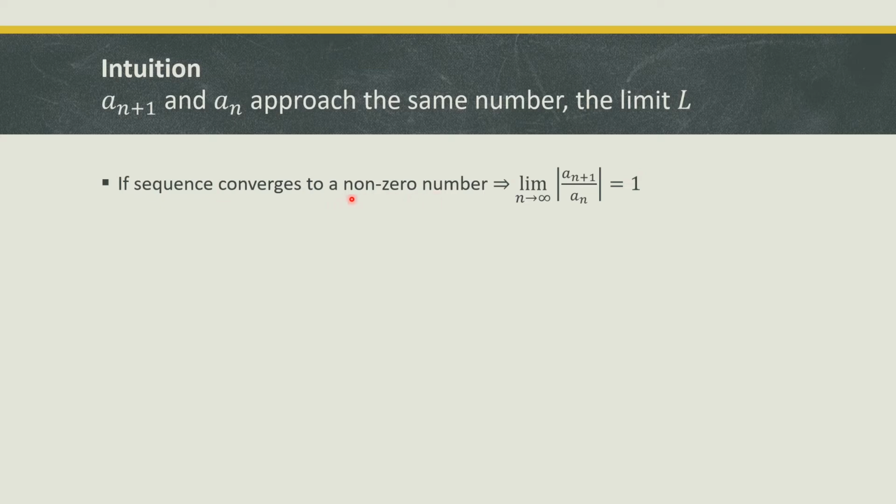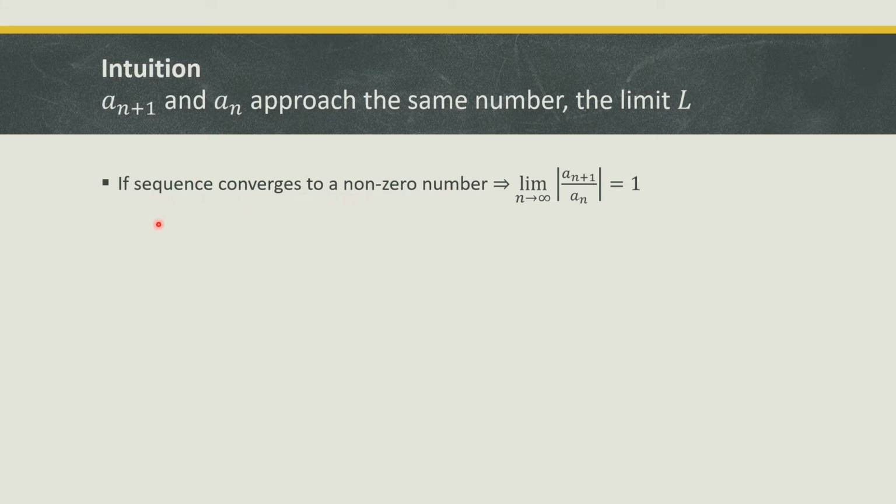The reason that it's non-zero is because if it were 0, then we are dividing something that is approaching 0 by something that is also approaching 0, and that's a form that is called indeterminate because we cannot extract information. It could be something very big, very small, or something that is a constant. So we don't really have information when it's 0 divided by 0. And so here we will constrain ourselves to non-zero limits.